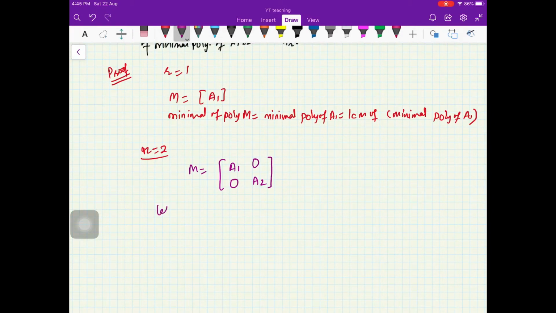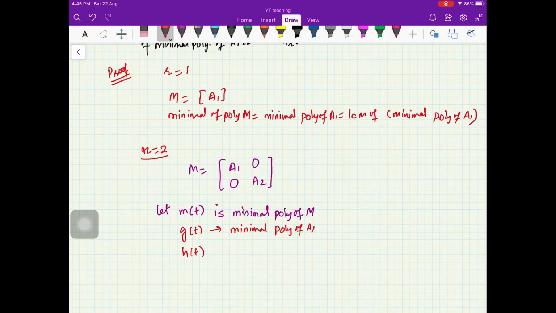Now let m(t) be the minimal polynomial of M, and let g(t) be the minimal polynomial of A1 and h(t) be the minimal polynomial of A2.